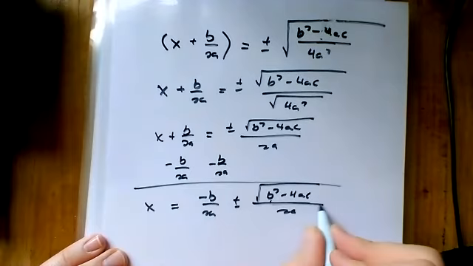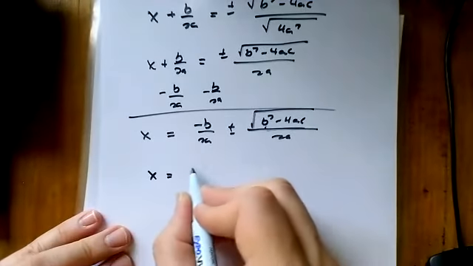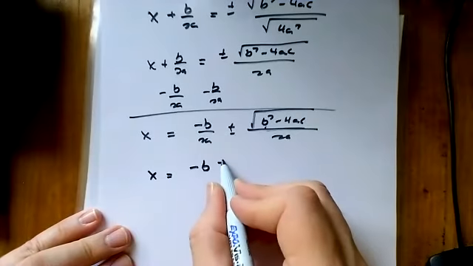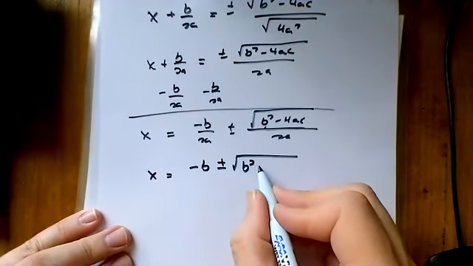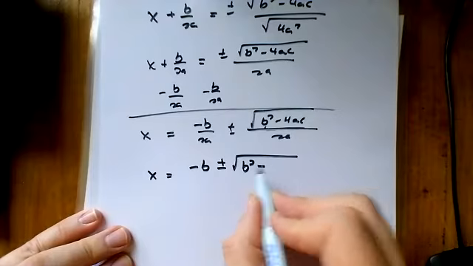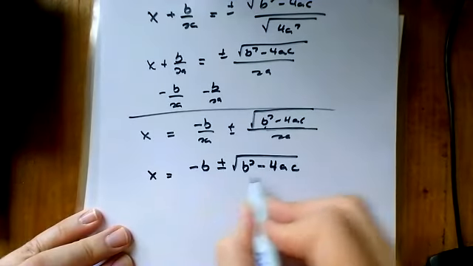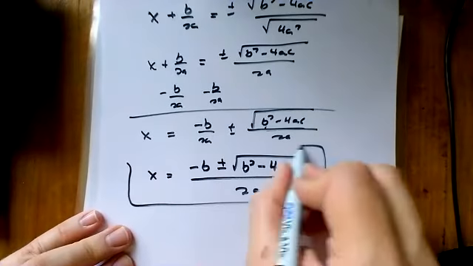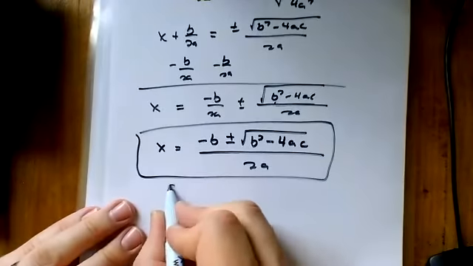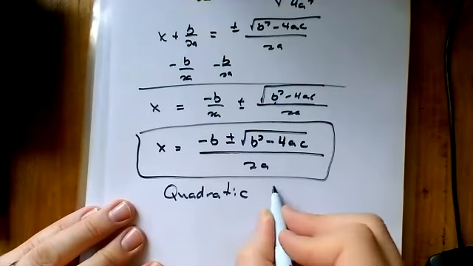Since this is all over the same denominator anyway, we can just put this as a single expression: negative b plus or minus the square root of b squared minus 4ac all over 2a. And that is how we find the quadratic formula.